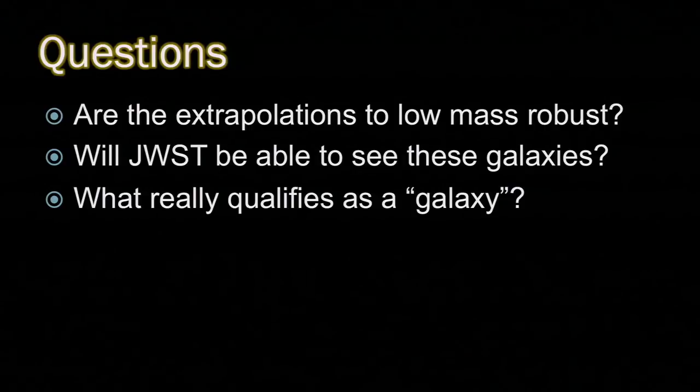My second question would have been, will JWST be able to see these galaxies? As you know, we've got the James Webb Space Telescope launching in 2018, and we're going to be the scientific home of it here. We want to know, if we're only seeing 10% of the galaxies in the universe, can JWST see those other 90%? The answer is, unfortunately, no. We're talking 10 to the 6th solar masses.